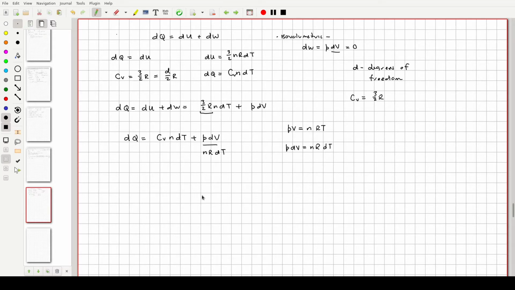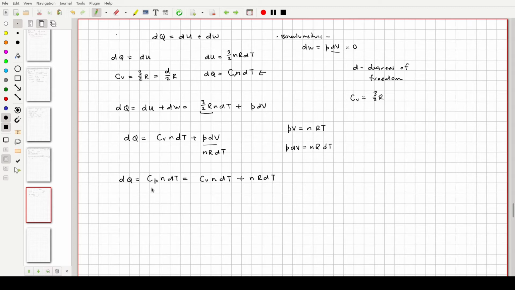Okay. Now, in this case, I'm adding heat in, but I'm holding the pressure fixed. So following this sort of notation right here, I'm going to call my molar specific heat Cp for constant pressure, and it's going to be Cp times n times dT. But on the right-hand side, I have Cv times n times dT, plus n times R times dT.